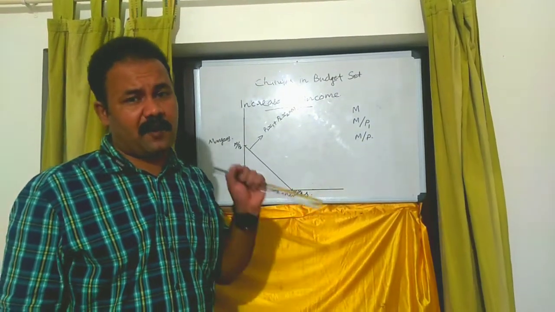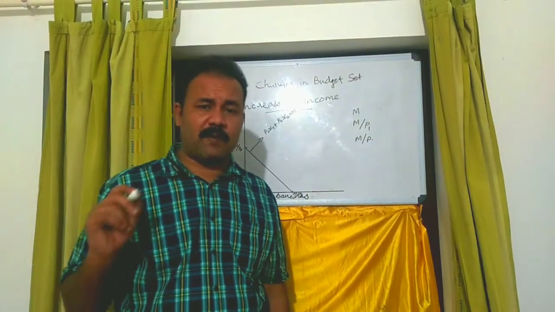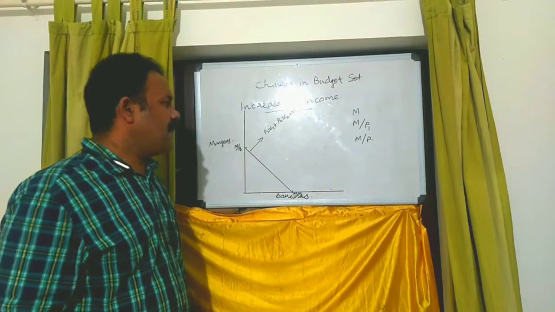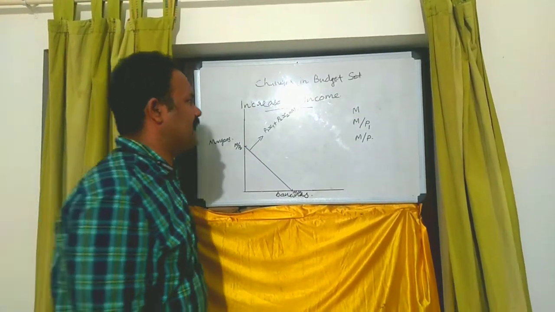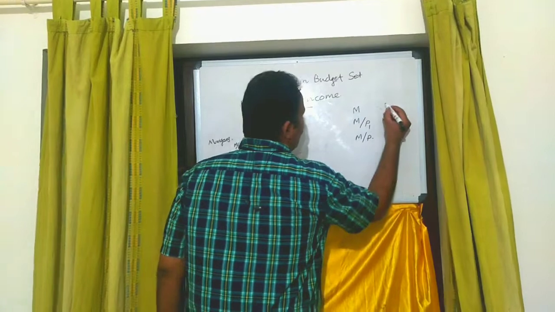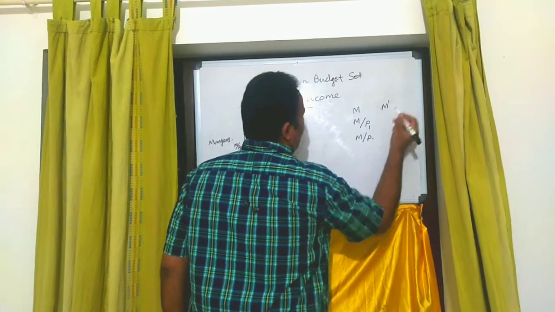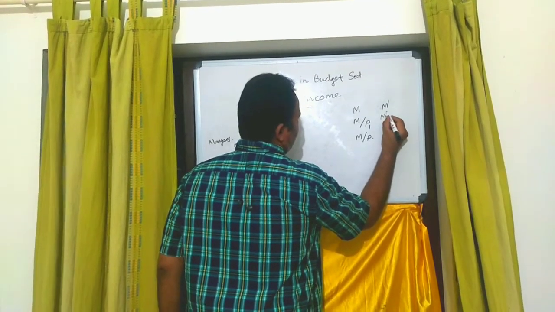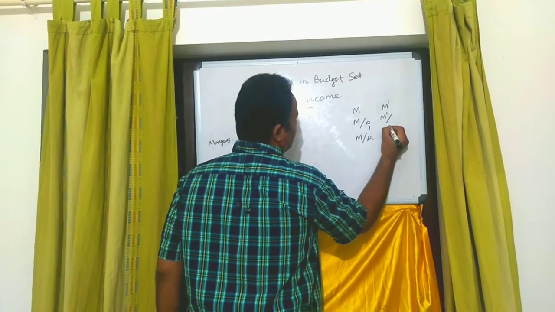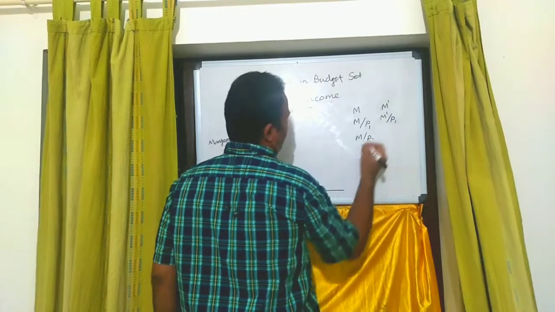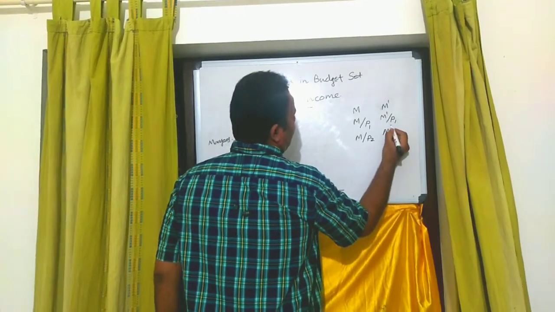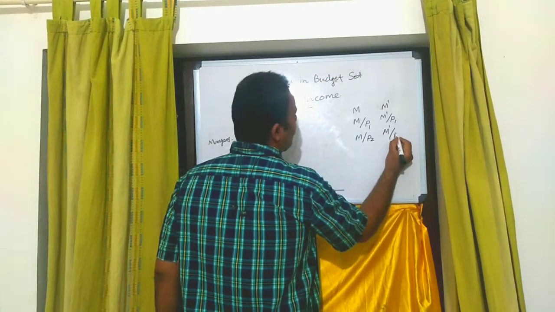Now the income increases from M to M dash. At that time, horizontal intercept will become M dash by P1, and vertical intercept will become M dash by P2.